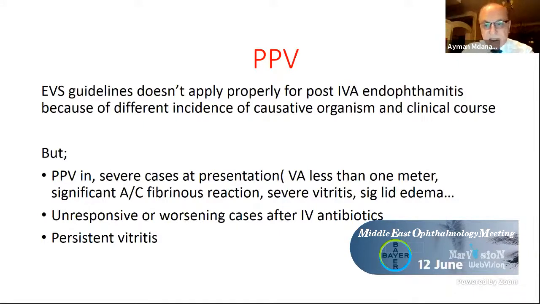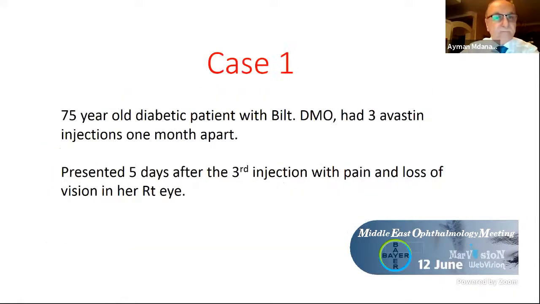In fact, nowadays, the techniques and everything are much more advanced than in 1995 when the vitrectomy study appeared. I'll show you this case. This case is my case, in fact. This is a 75-year-old diabetic patient with bilateral diabetic macular edema.